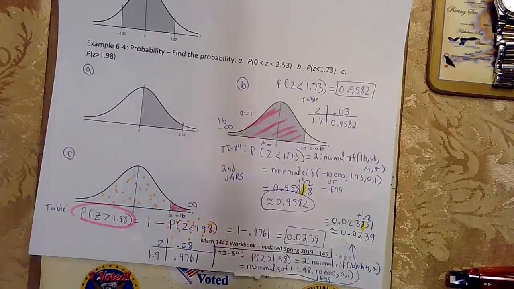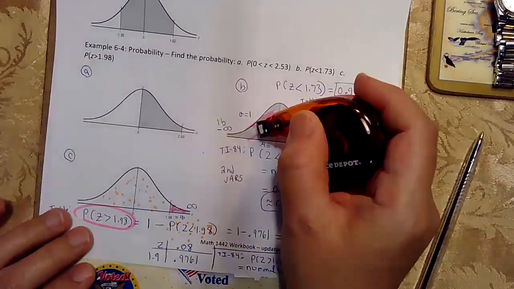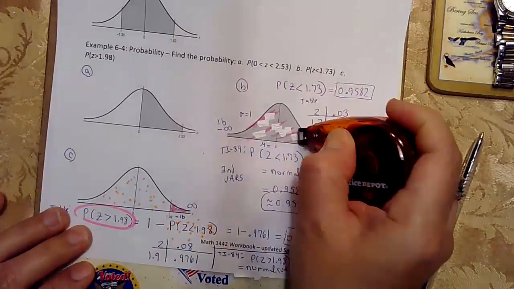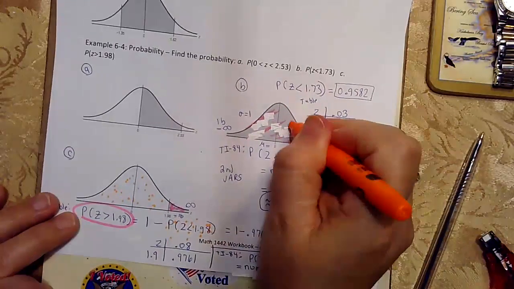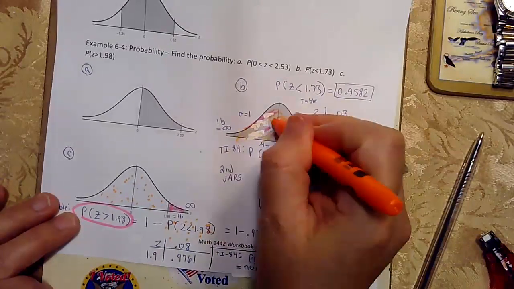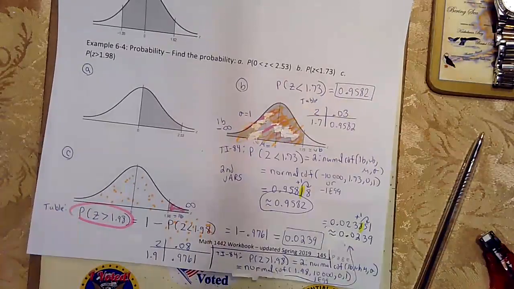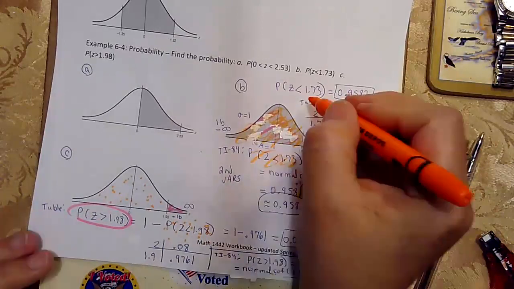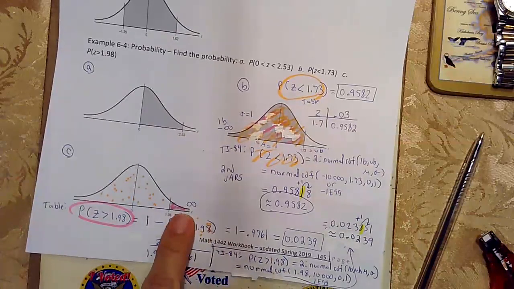Maybe I should have used orange to highlight this one, because this is area to the left of the curve already. So we just had to look up that area to the left of the curve on your table. Remember, this one needed the complement idea.